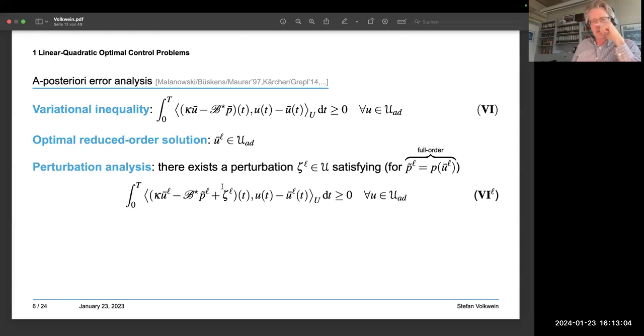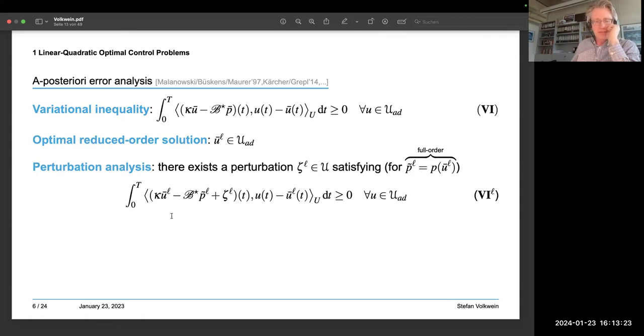This comes in fact from ODE optimal control. We know that there is a so-called perturbation. I call it theta L. This is also in the control space, such that I get an inequality of this type.